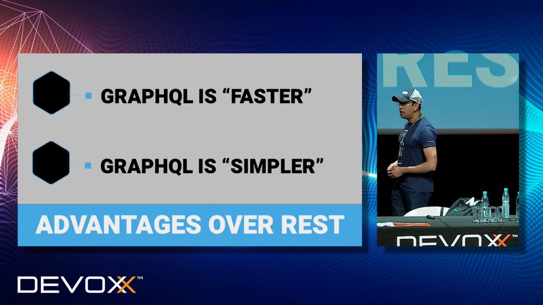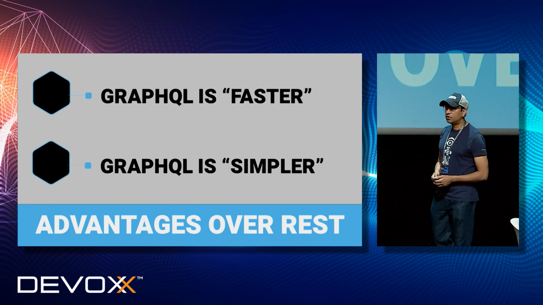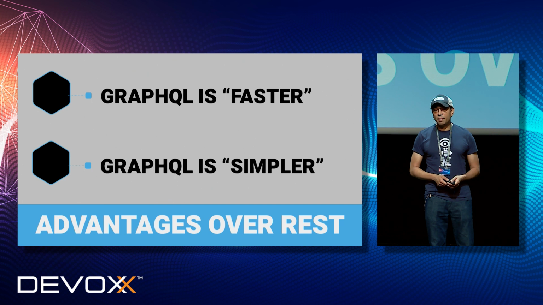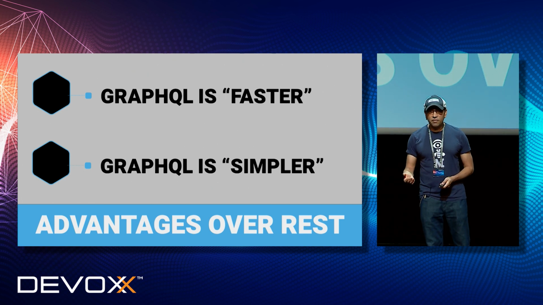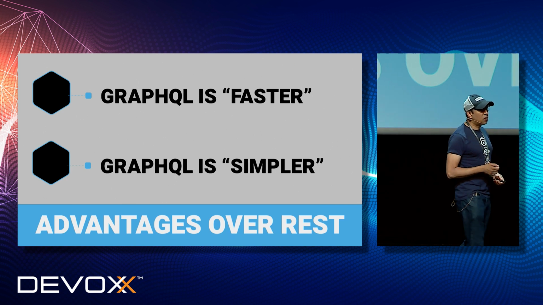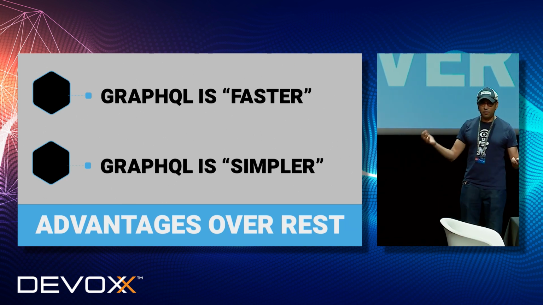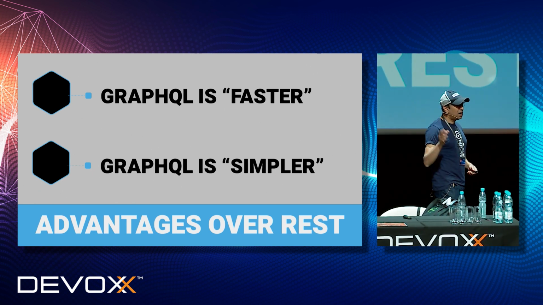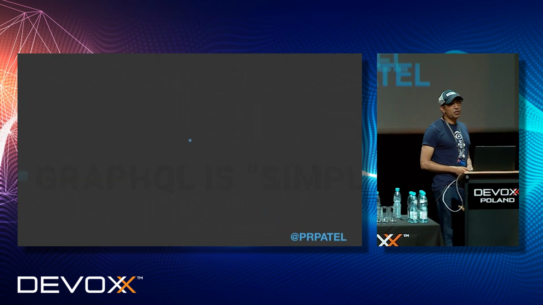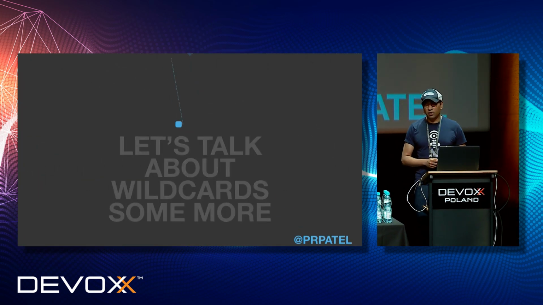So for example, when you're building a RESTful API and you have RESTful clients, REST makes it easy to do caching against the data that you have in the back, right? GraphQL is normally harder to cache because of its kind of layered schema and things like that, right? So anyways, you decide for yourself if you think it's faster or slower. Okay, but let's talk about wildcards a little bit more.